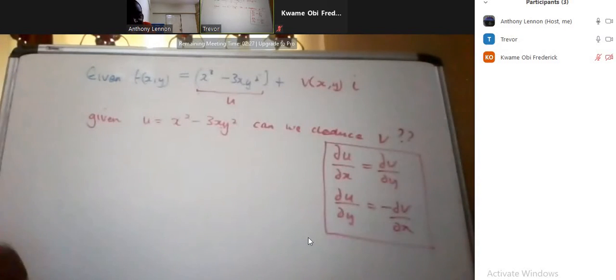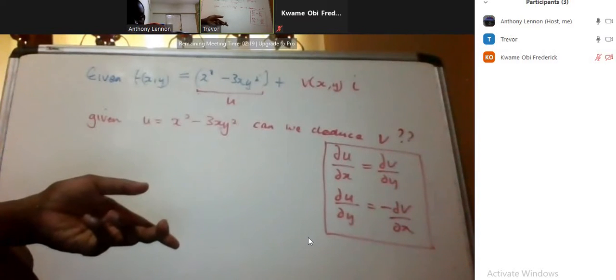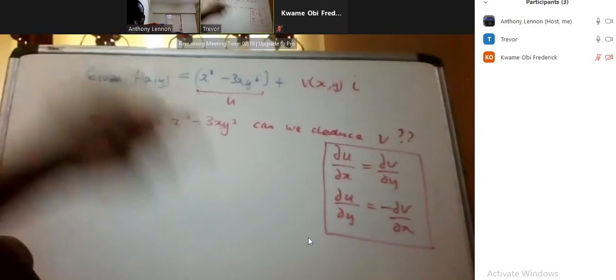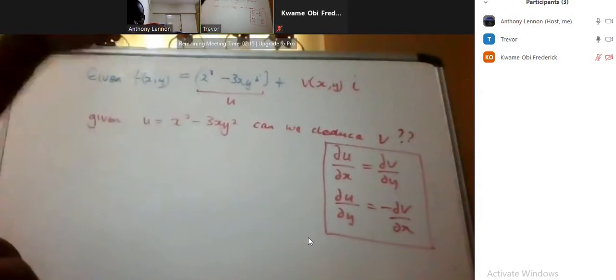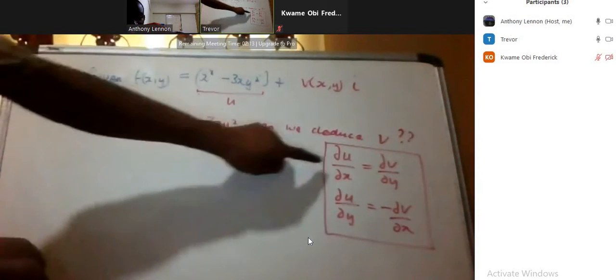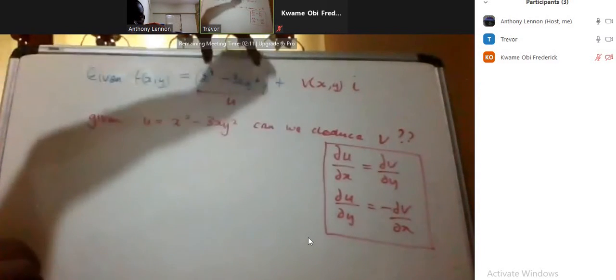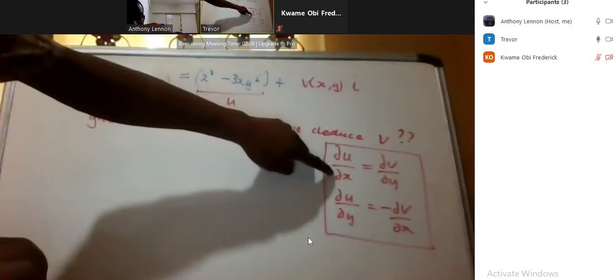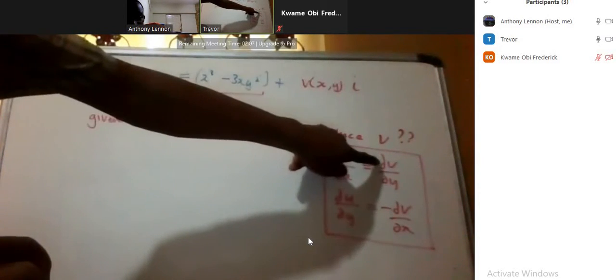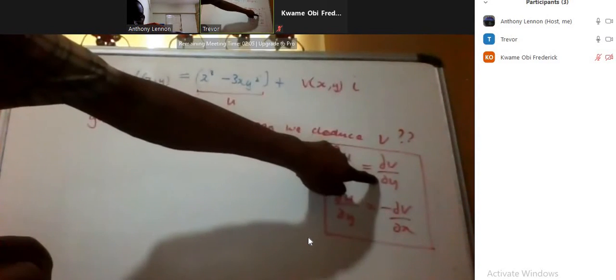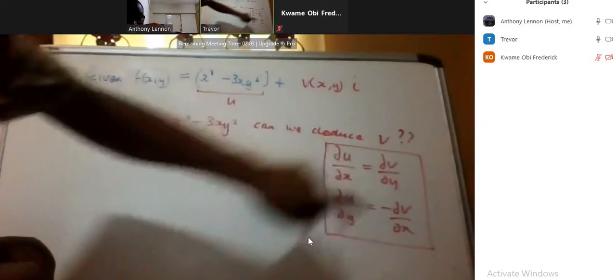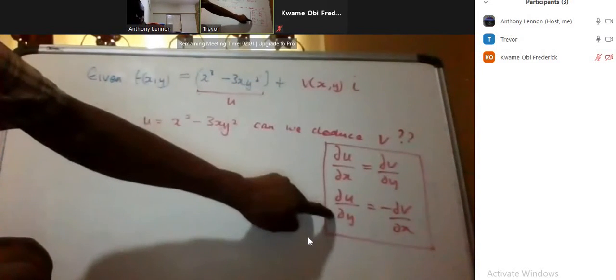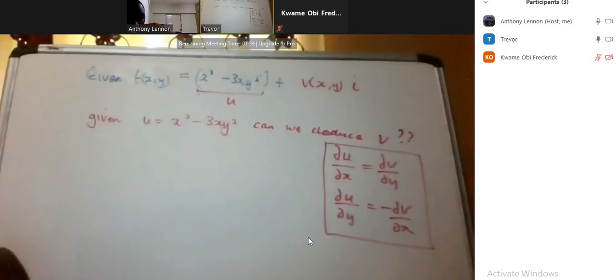It doesn't seem hard, you just have to get accustomed to writing the formula. Hammer it in your head. After a while, you realize that the first set is just the real part differentiated with respect to the real part equals the imaginary part differentiated with respect to the imaginary part. Then when you cross, you get a minus sign.